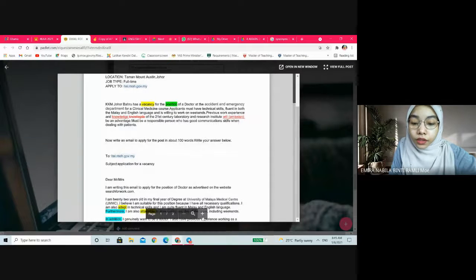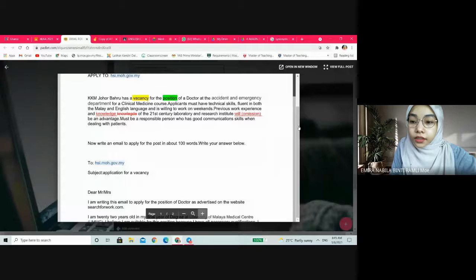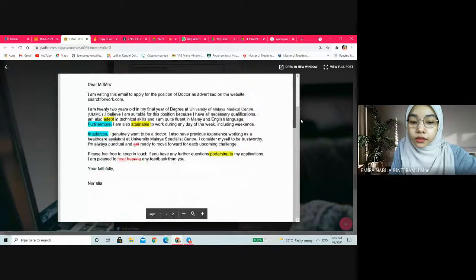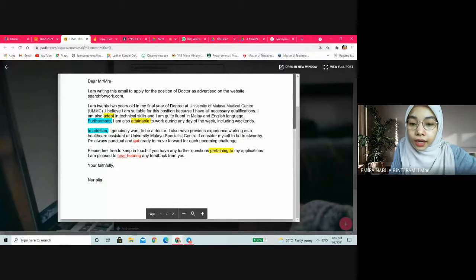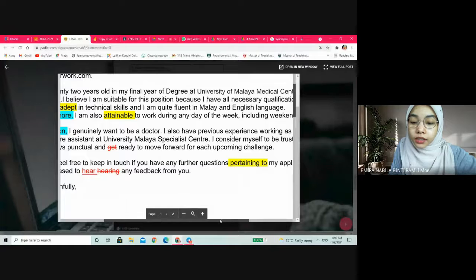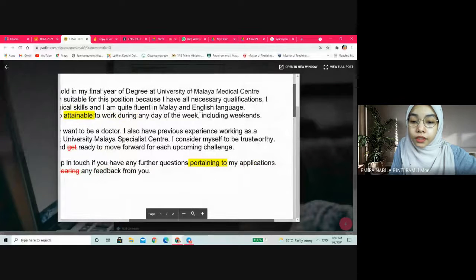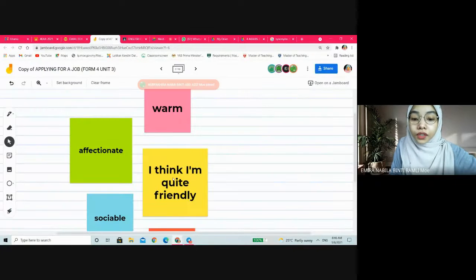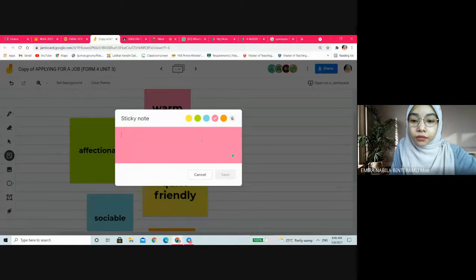This student, Nur Alia, when she wants to say that she considers herself, you can see her saying, I consider myself. Saya anggap diri saya. So this would be a more formal way of saying what you feel about yourself. Of course, you can say I think, but right now, let's have I consider myself.